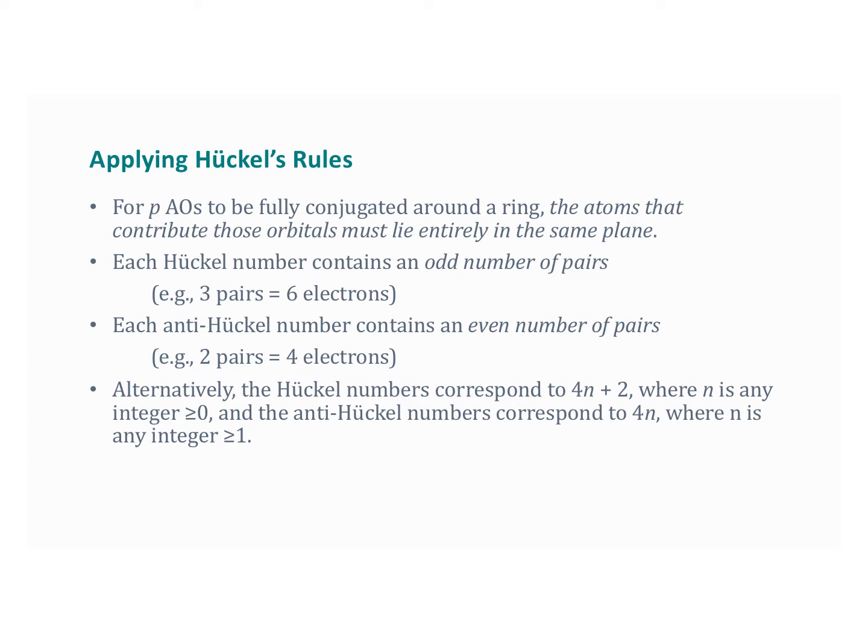Huckel's number corresponds to 4n plus 2, so sometimes this is referred to as the 4n plus 2 rule, where n is any integer greater than 0. So 1, 2, 3, and those give the Huckel numbers. For example, if we look at 4 times 1 plus 2, that's 6 electrons.